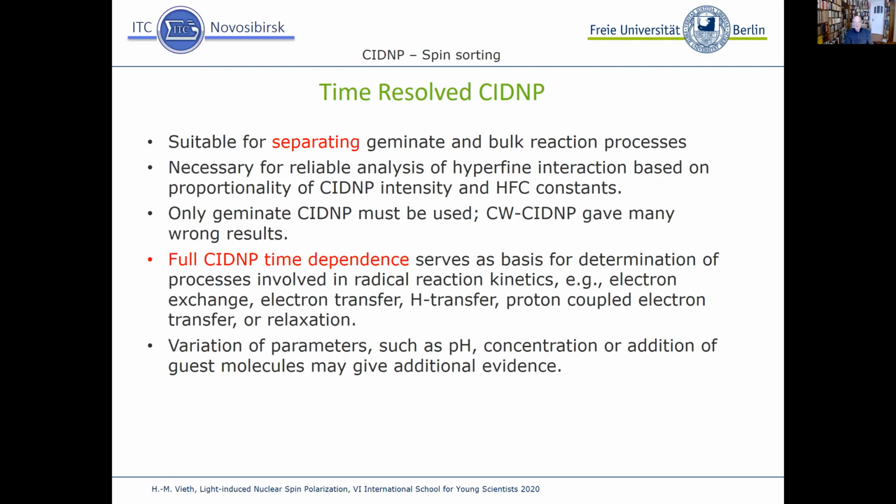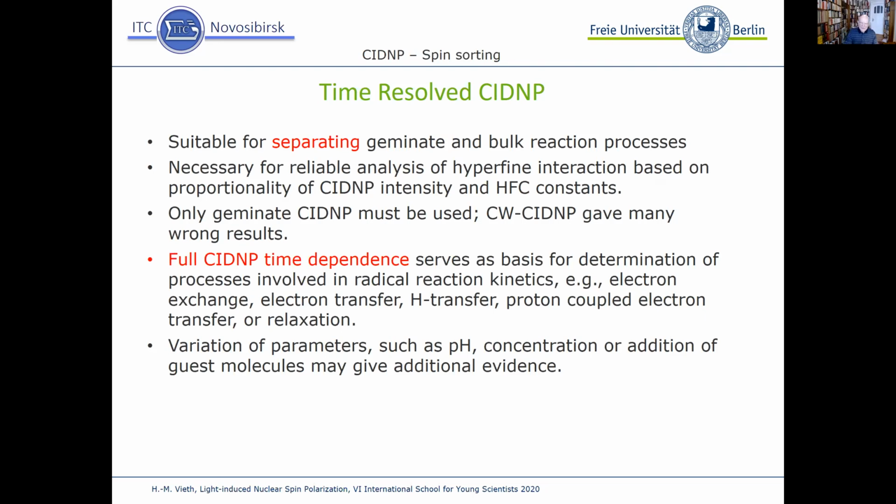So from the full time dependence over a couple of microseconds, you can analyze the processes that are involved in the reaction kinetics. You can get information about the exchange of electrons, electron transfer, proton transfer in some molecular reactions, or proton-coupled electron transfer in short-lived radical reactions, or you can analyze relaxation processes.